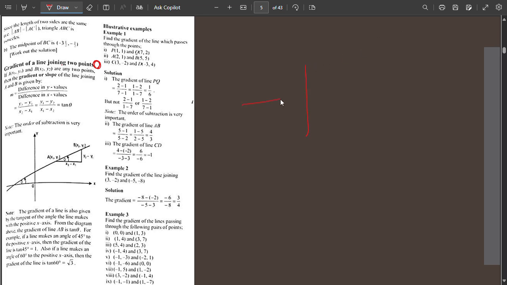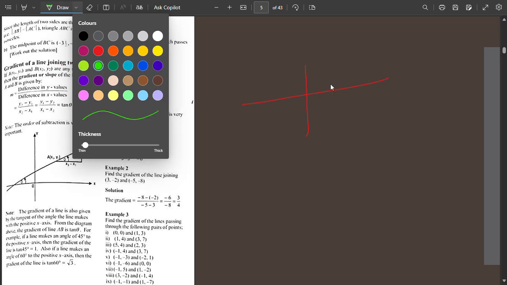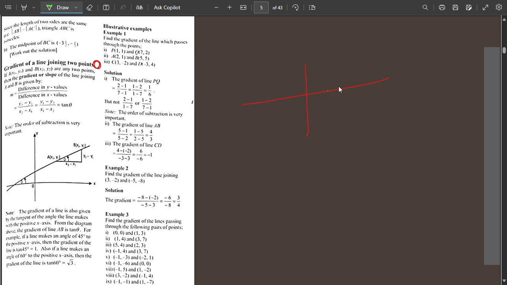If we have a Cartesian plane, different lines may intersect at different angles with the Cartesian plane. Like this one. This is a very bad example. Let me give you another example. So let's see these lines. We have this line, this line, this line, and this line.